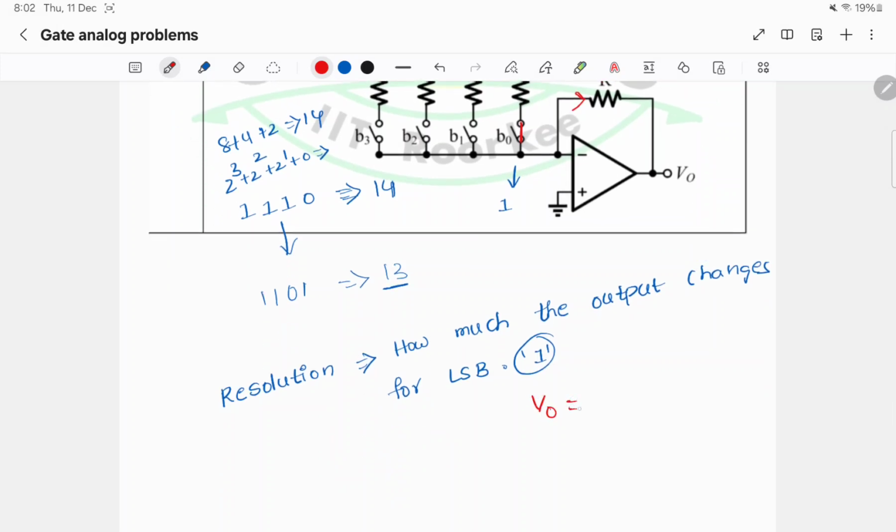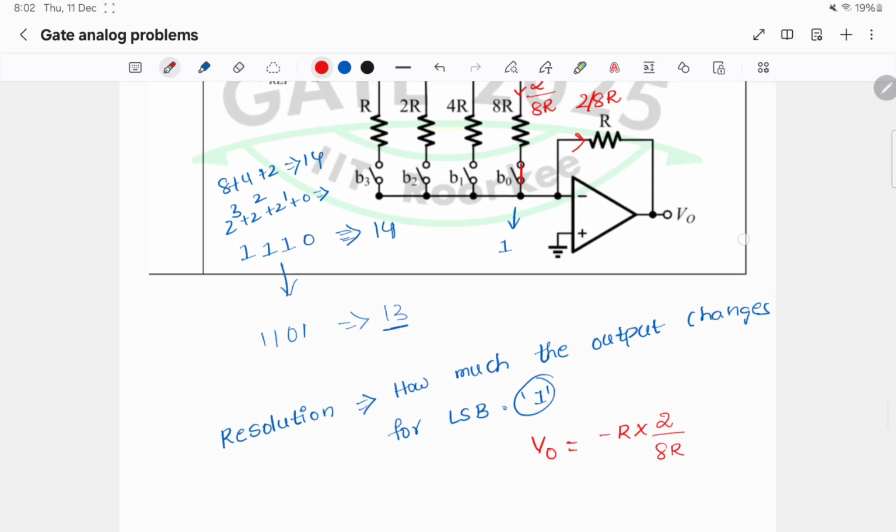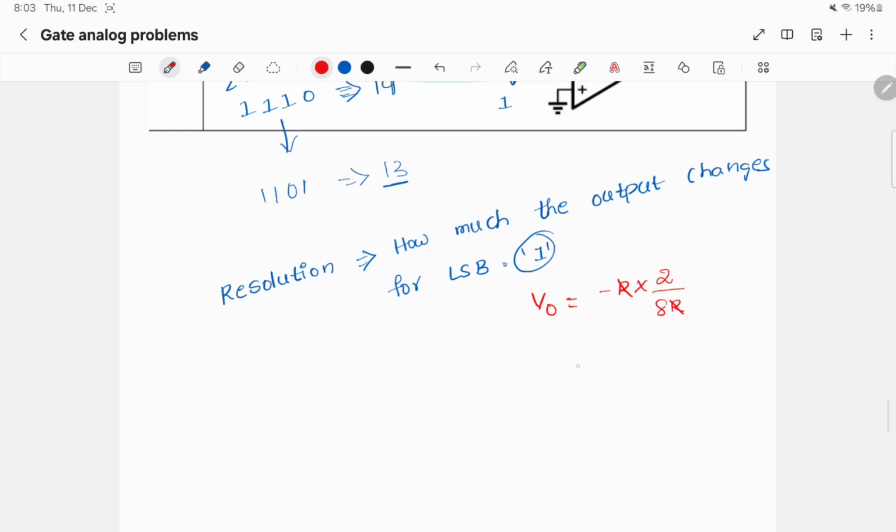V naught is nothing but minus R times 2 by 8R, minus 1 by 4, minus 0.25 volts.